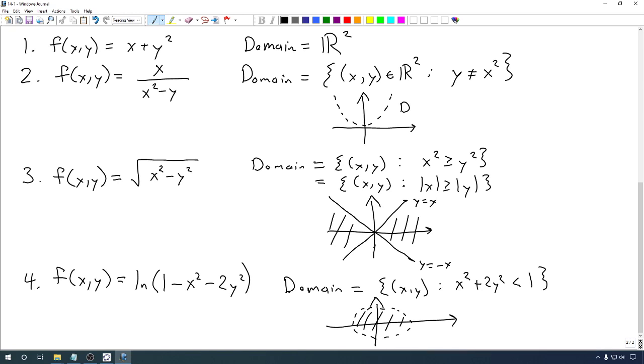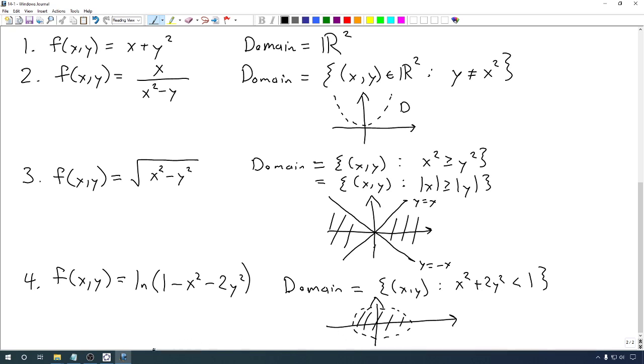And it turns out that we can think of the output of our function. If we have f of x, y, we can think of the output as being z, and we can graph the point x, y, z. And that's just going to be points in 3 dimensions. So every single one of these functions is going to turn into a surface in 3-dimensional space.